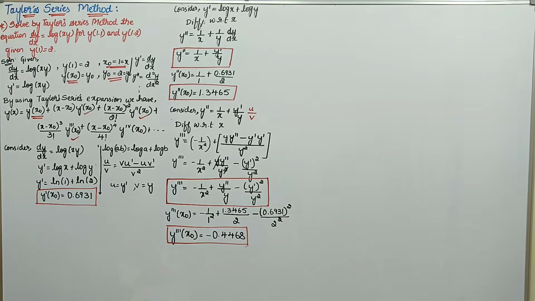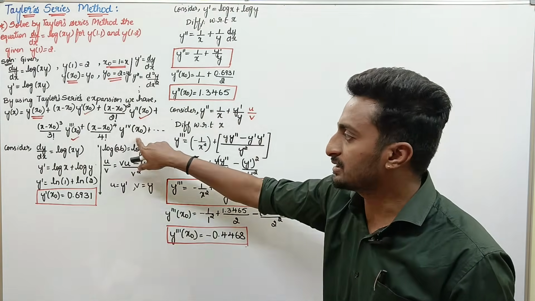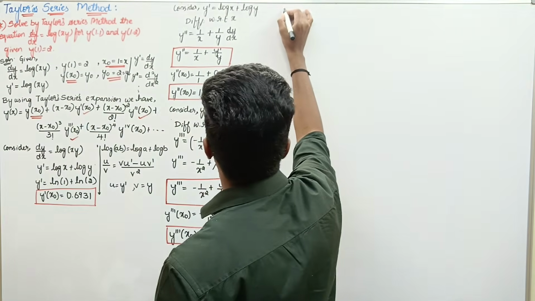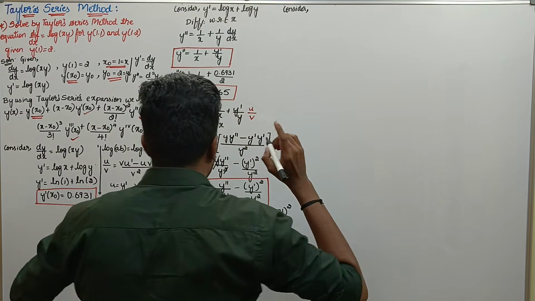After finding y triple dash of x naught, the last term, which I am supposed to find, is y fourth degree of x naught. Now what am I going to consider? You can predict.